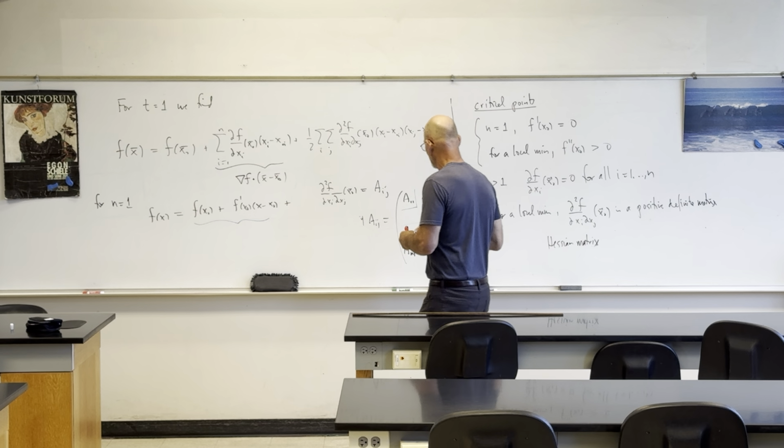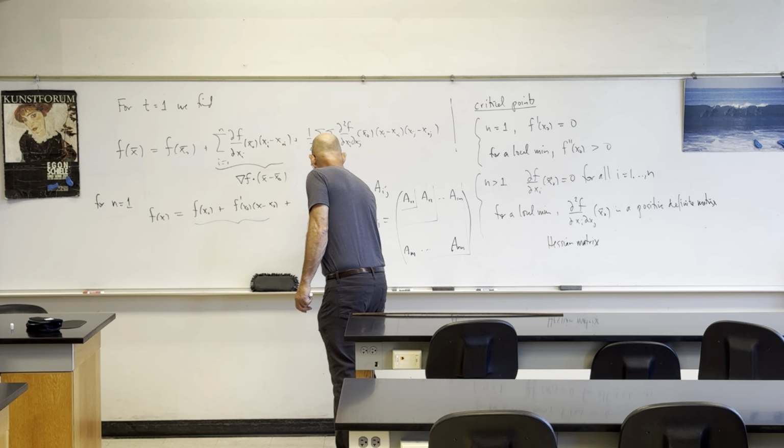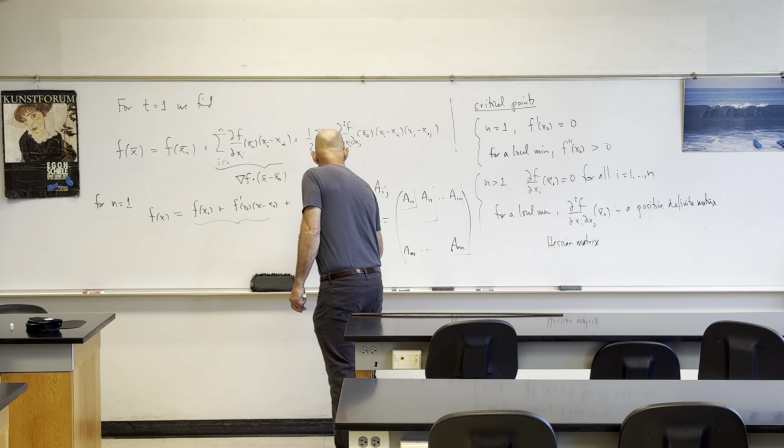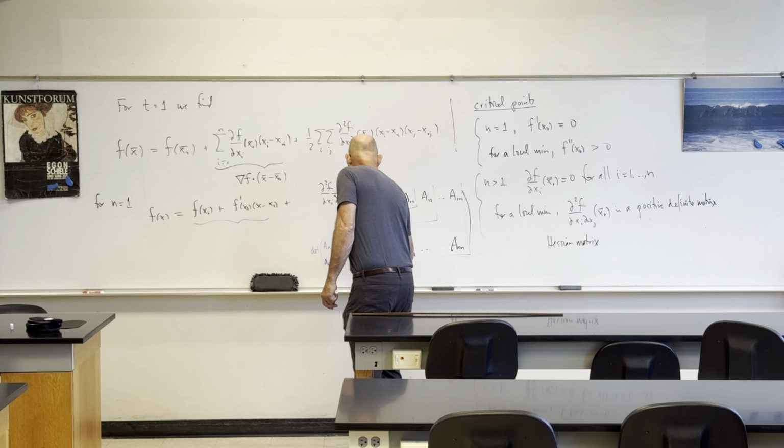So if the determinant of the matrix with entries a11 through a1k, down to ak1 through akk is strictly greater than 0 for k equals 1 to n.